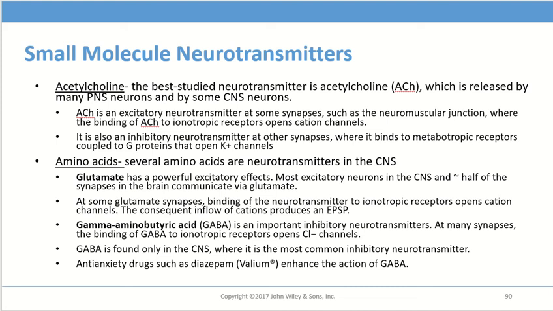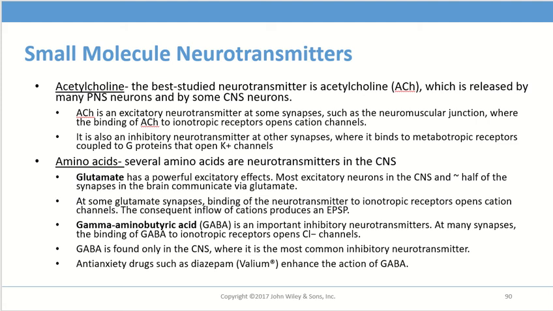So many excitatory neurons in the central nervous system, and about half of the synapses in the brain, are going to communicate via glutamate production or secretions. At some glutamate synapses, binding of the neurotransmitter to ionotropic receptors is going to open cation channels. And the consequence is going to be an influx of cations that's going to produce an EPSP.